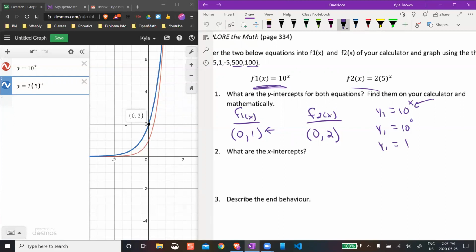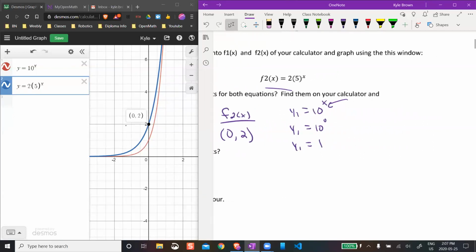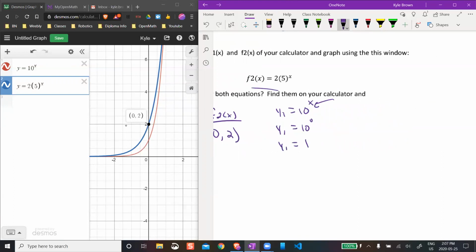Okay, so how is that different now from the next one? Well, if we had y2, and I put in 0 for x this time, we've got 2 times 5 to the power of 0. This is a little bit different because now only the 5 is raised to the power of 0. Only the 5 is raised to the power of x in general.